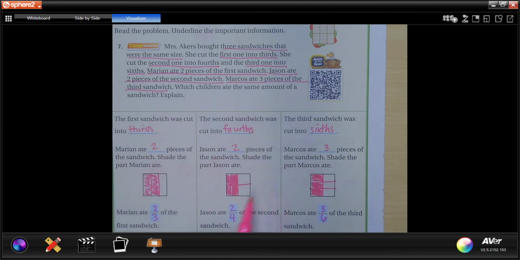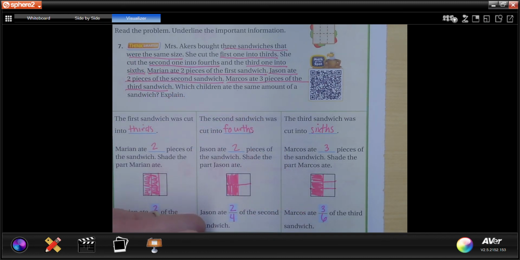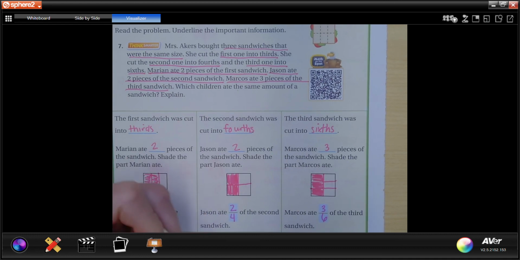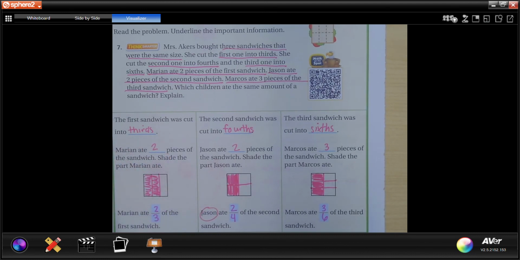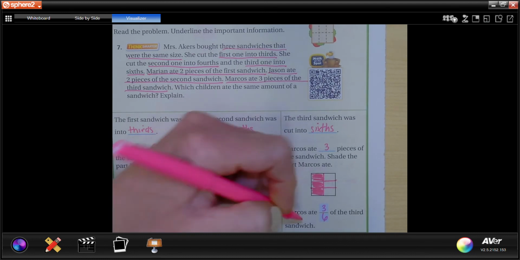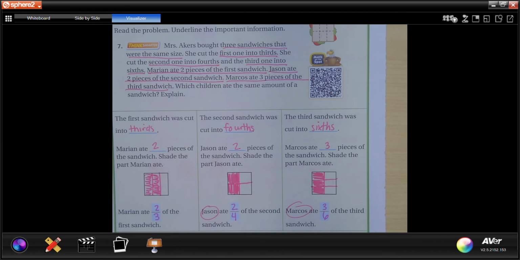So, yes. So we know that 2/4 and 3/6 are equivalent. So we know that Jason and Marcos ate the same amount of sandwich.